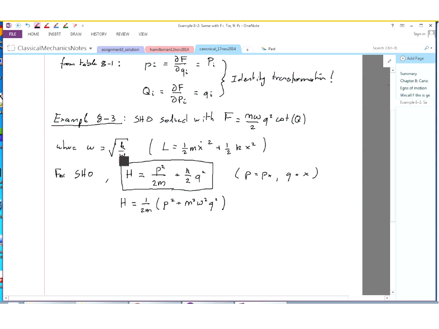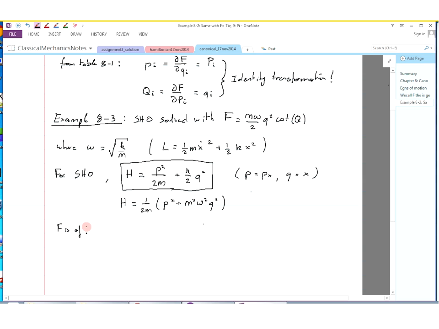If you plug in omega equals square root of, oops, that should be k over m, sorry. All right, so k is equal to m omega squared, and if I plug that in here and I factor out a 2m, I can write the Hamiltonian this way.